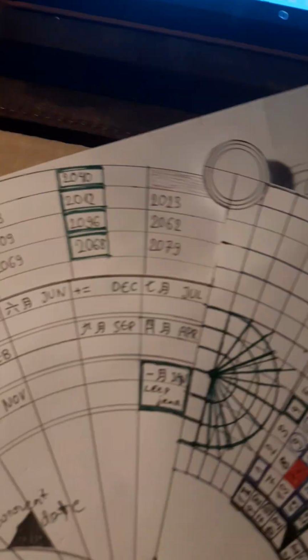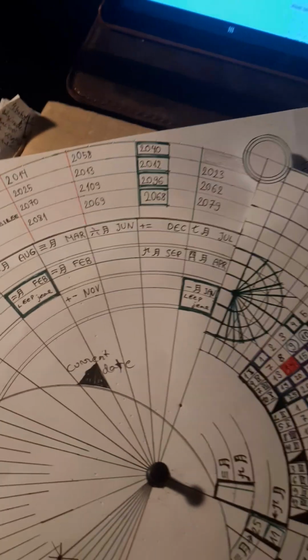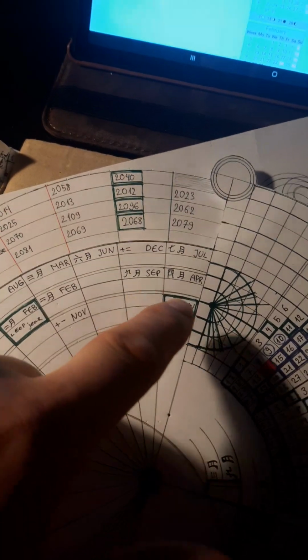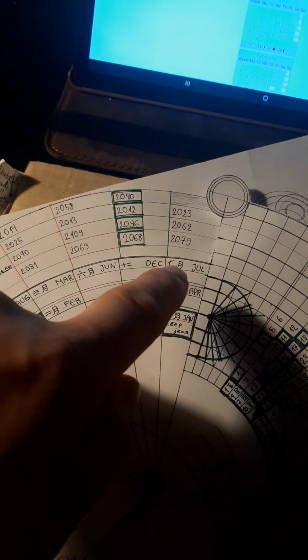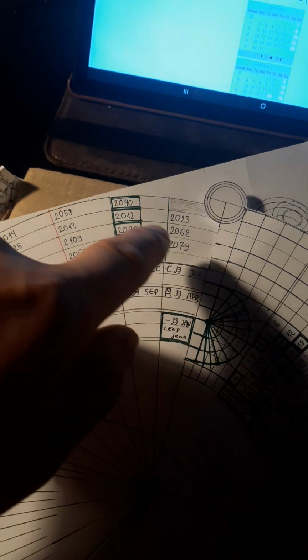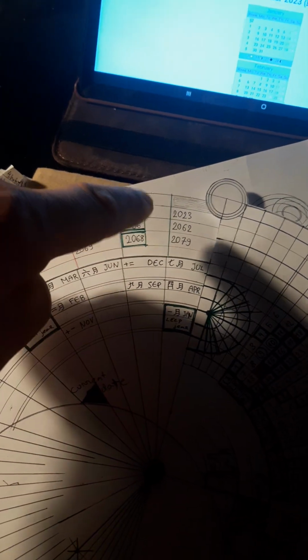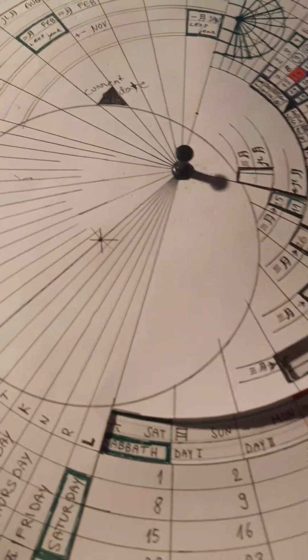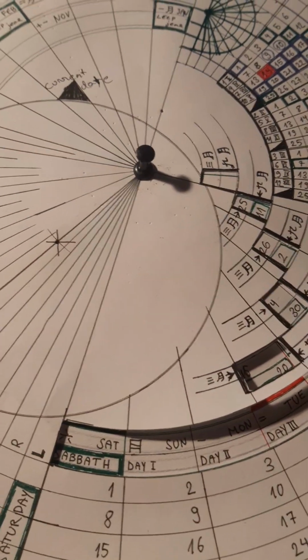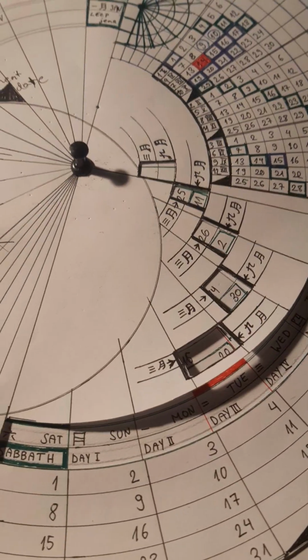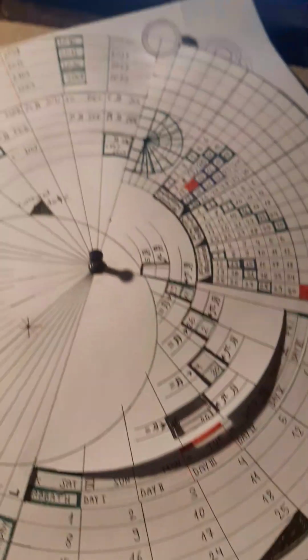And if you use a leap year or leap January, you just point the desired month with the desired year, and you can get it. And you know it's the second week of April right now.